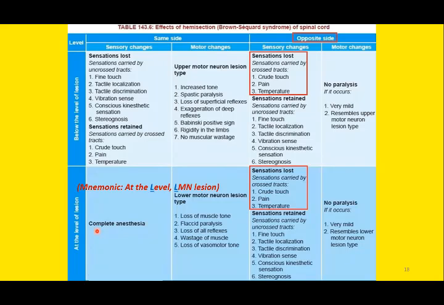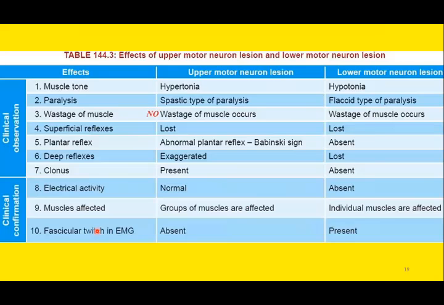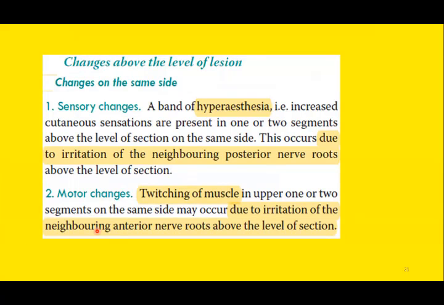There are no prominent changes above the level of lesion, but in some cases hyperesthesia or twitching of muscle may be there. And the reason is the irritation of the neighboring DRG or the posterior nerve roots.